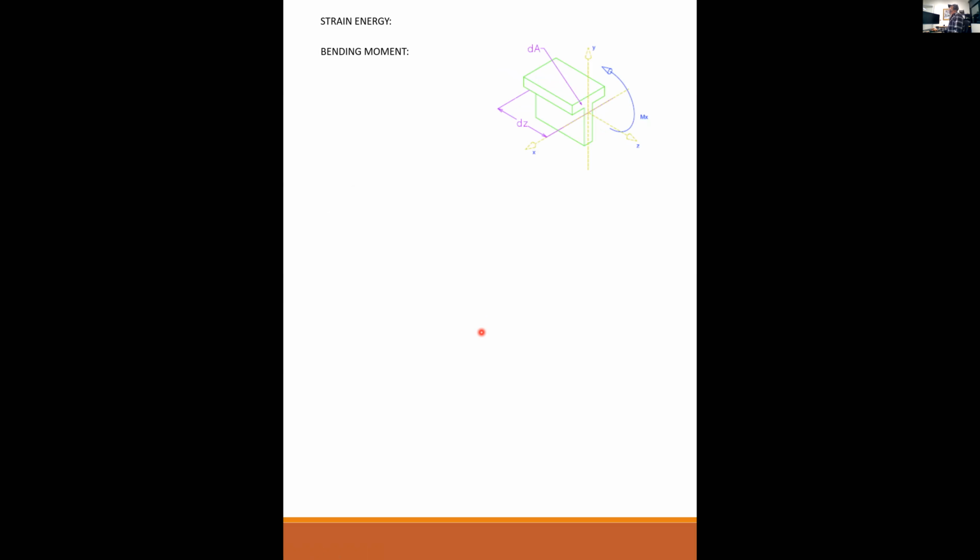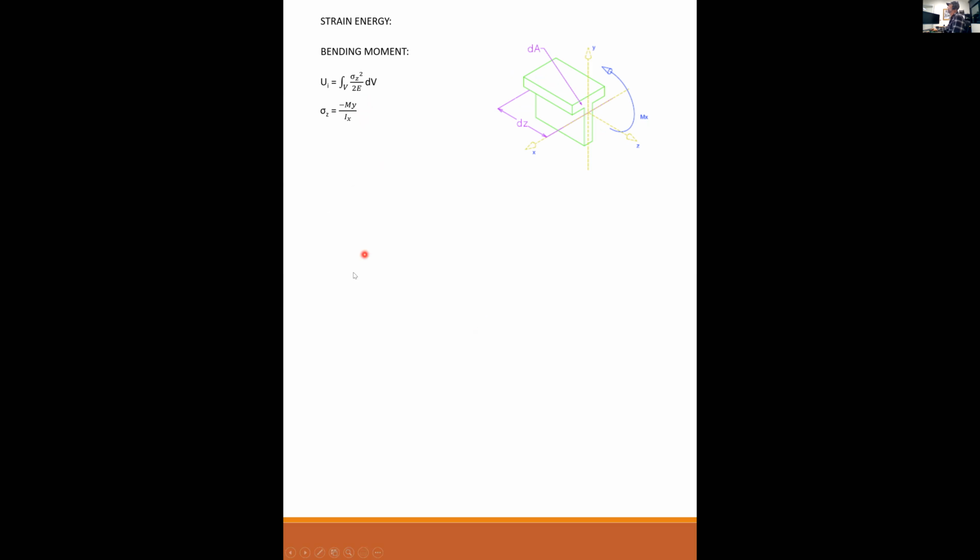So what about bending moments? A little bit more complicated. We go back to our original formulation, the integral over V of sigma z squared over 2E dV, starting at the basic.